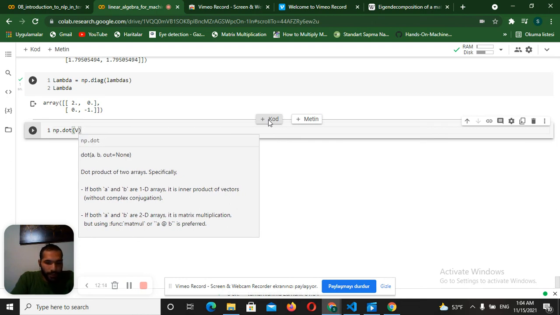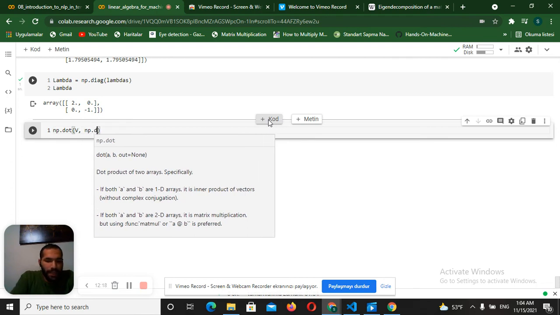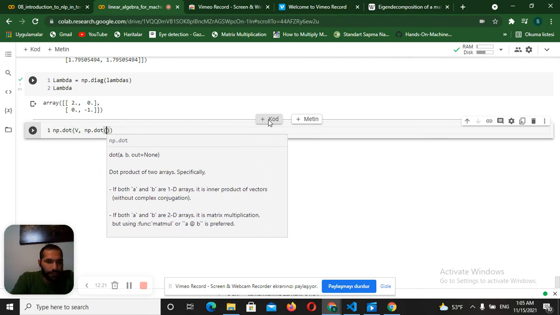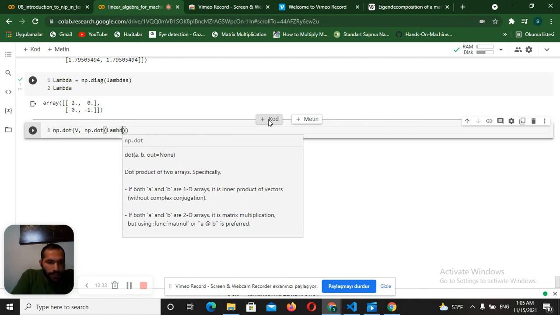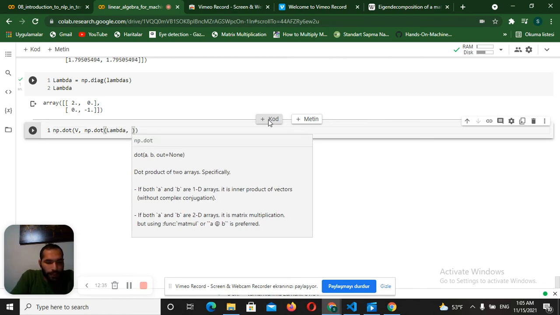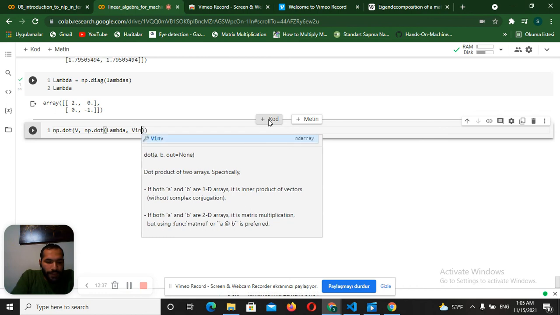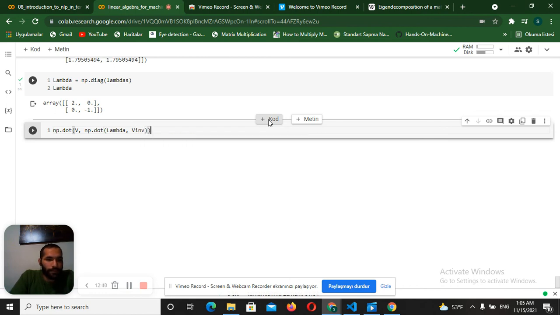Then the eigenvector, then what we have to put here, we will say np.dot again, because we have to multiply the eigenvalues times the inverted eigenvector, right? I think I didn't forget it. So I will say Lambda and inverted. That's very nice, very clean, I think.